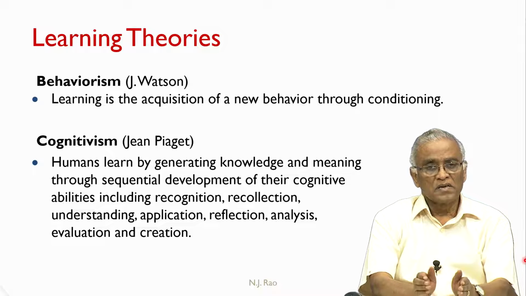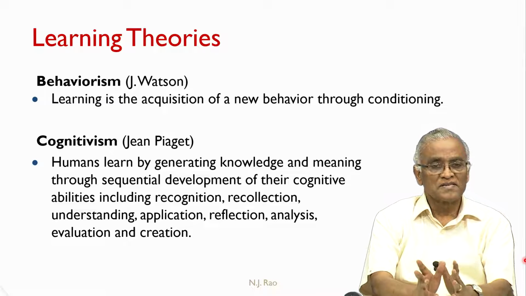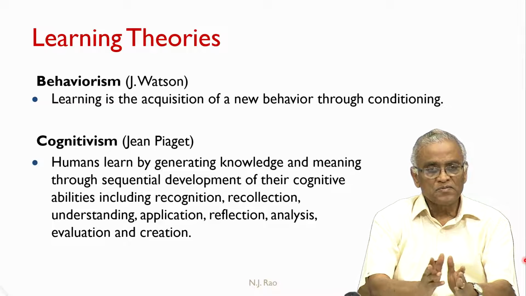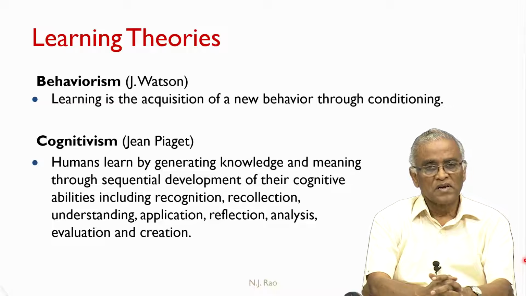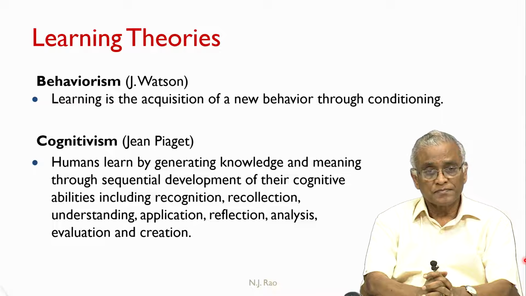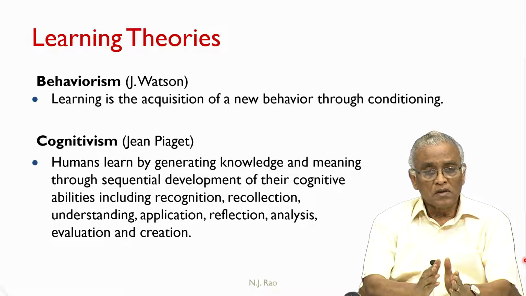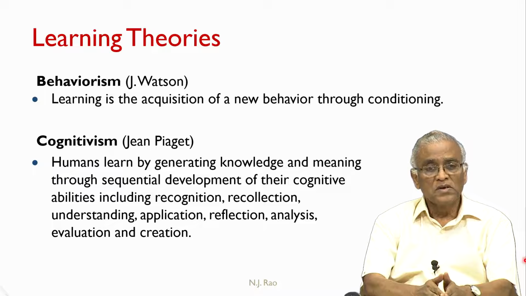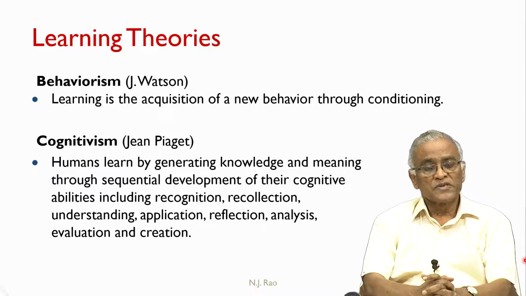These cognitive abilities include recognition, recollection, understanding, application, reflection, analysis, evaluation and creation. All this list of processes, recognition through creation, are what we call cognitive processes, which we will have occasion to elaborate in the subsequent units.